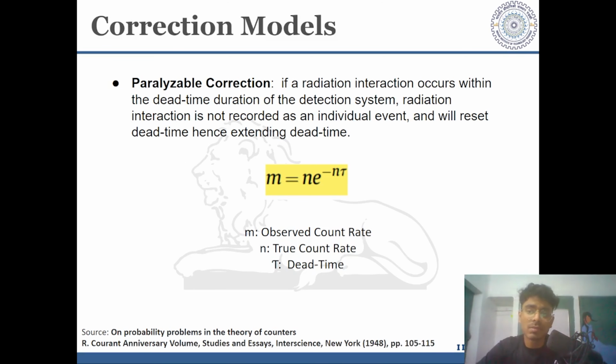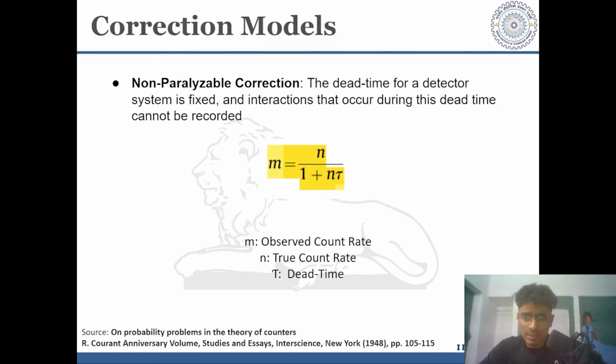The paralyzable correction model is mathematically expressed as m = n e^(-n tau), where m is the observed count rate, n is the true count rate, and tau is the dead time of the detection system.